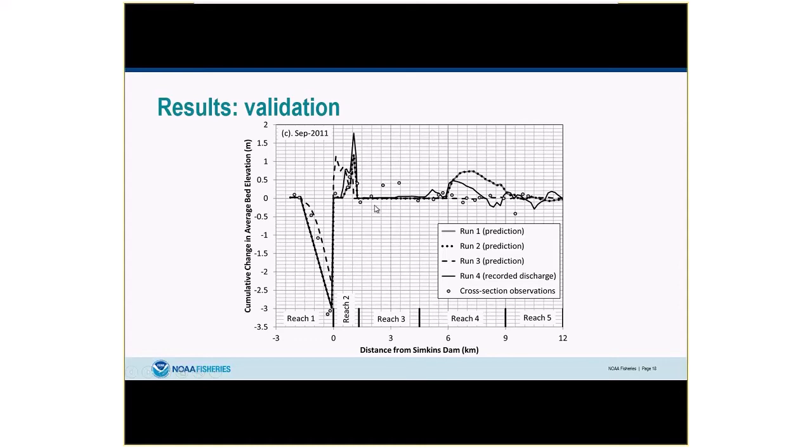Runs 1, 2, and 4 show sediment downstream at this time too, so that's good. But they have it down to Reach 4 already, which is the fall zone. Note the observations don't show that. Instead, they show it in Zone 3.